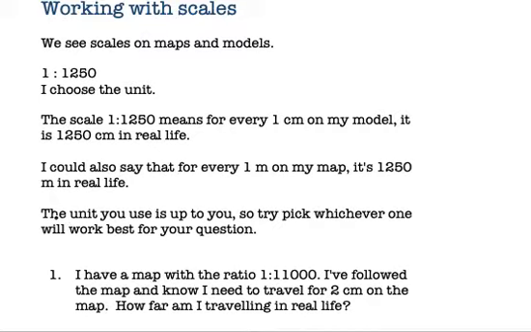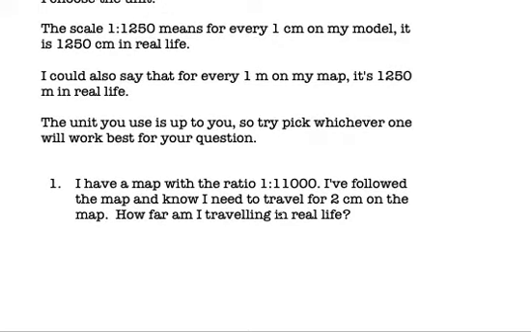Right? Because we can pick the unit, you're just going to try pick whichever unit is going to work best for your question. So let's try a question together. Let's say I have a map with the ratio 1 to 11,000, and I've followed the map, and I know I need to travel for 2 centimeters on the map.